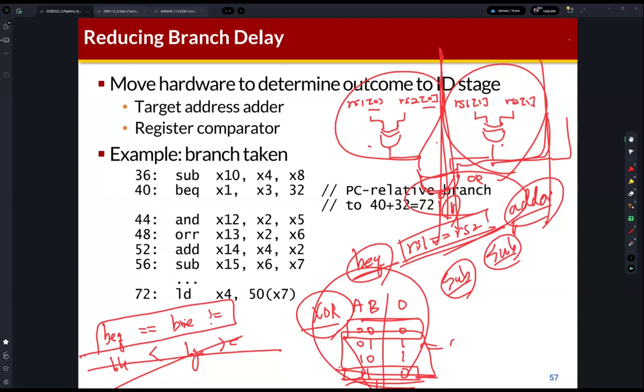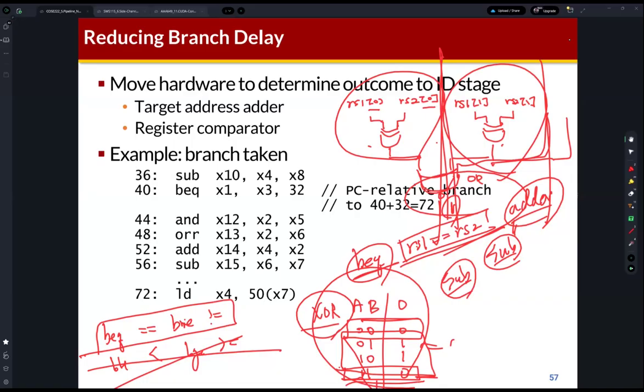It is because the branch is determined late, but the branch instructions change the PC, right? But the pipeline processor uses the program counter in the instruction fetch stage. So that's the problem.